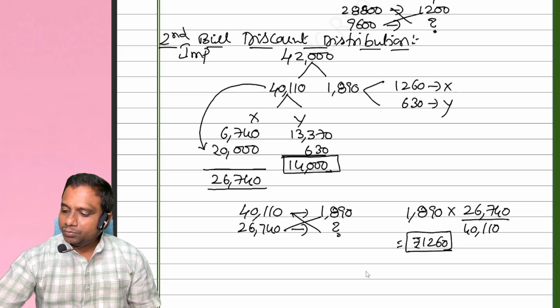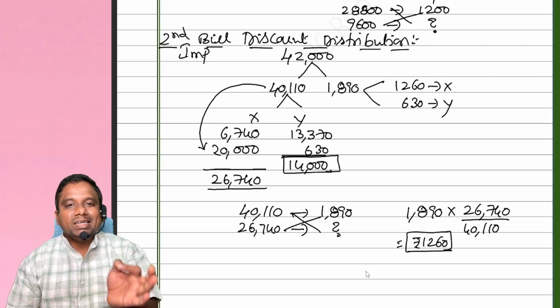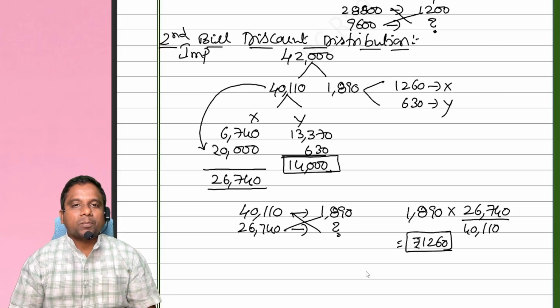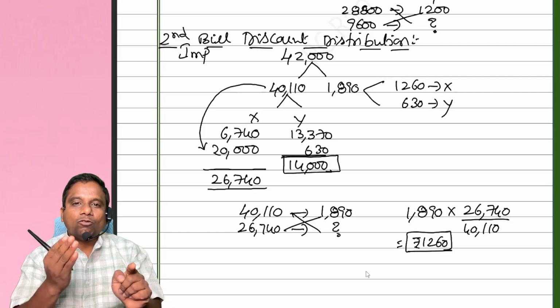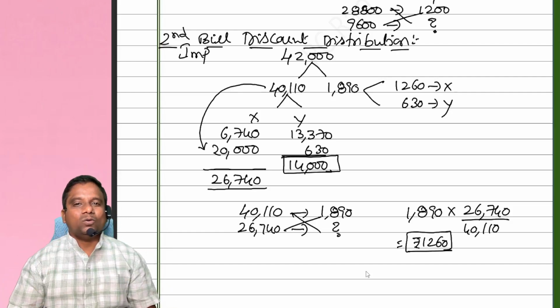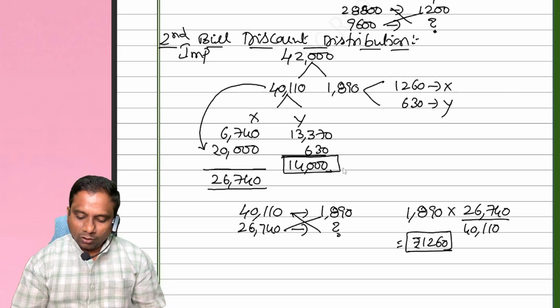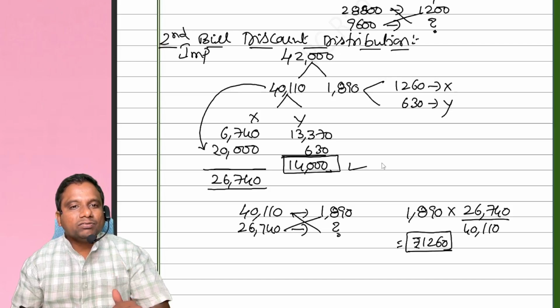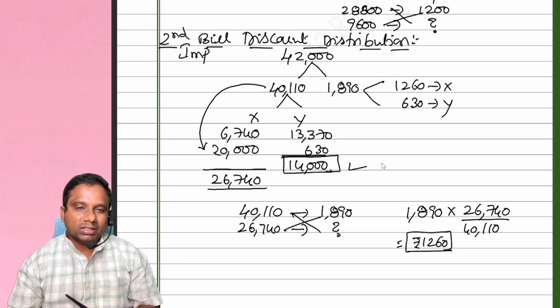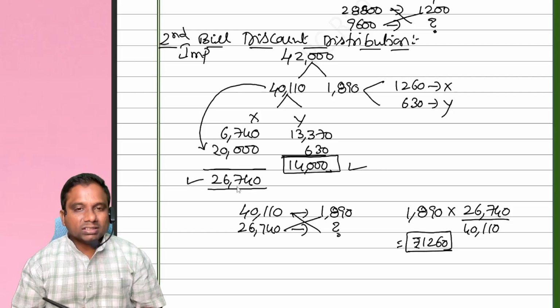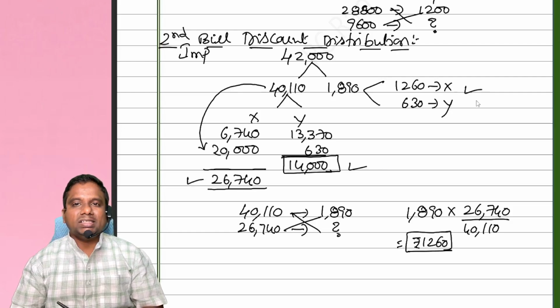Of 42,000, 28,000 rupees is added by X, and 14,000 rupees is sent by Y. To honor the second bill, Y has to remit 14,000. X will add 28,000, because 26,740 plus 1,260 discount.